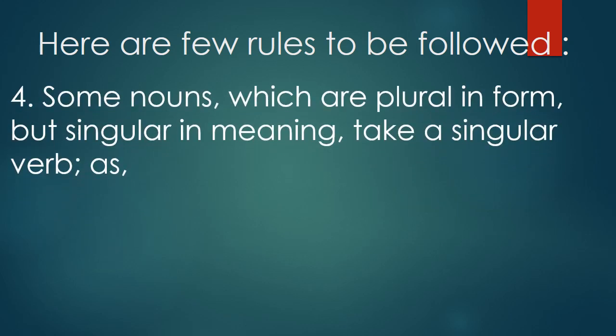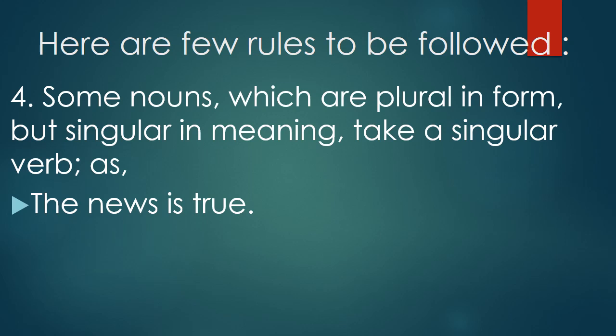Next, number 4 rule, some nouns which are plural in form but singular in the meaning take a singular verb. For example, the news is true. Though we do not get only one piece of news when we read a newspaper, there is a bundle of news there in the newspaper.